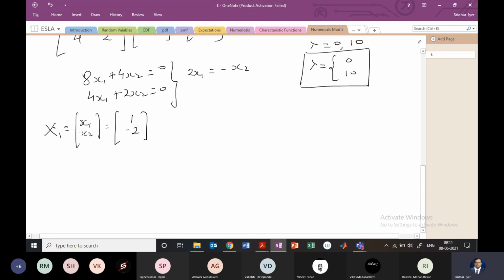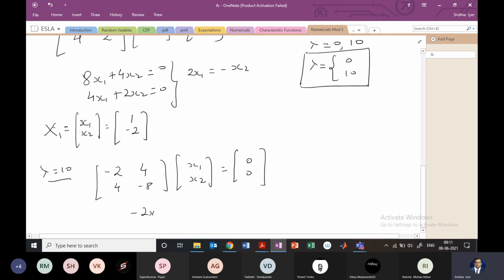Next, we'll have lambda equal to 10. So you have 8 minus lambda, so 8 minus 10 is minus 2, 4, 4, and 2 minus lambda, so 2 minus 10, which is negative 8. And then you have x1, x2 equal to 0, 0.